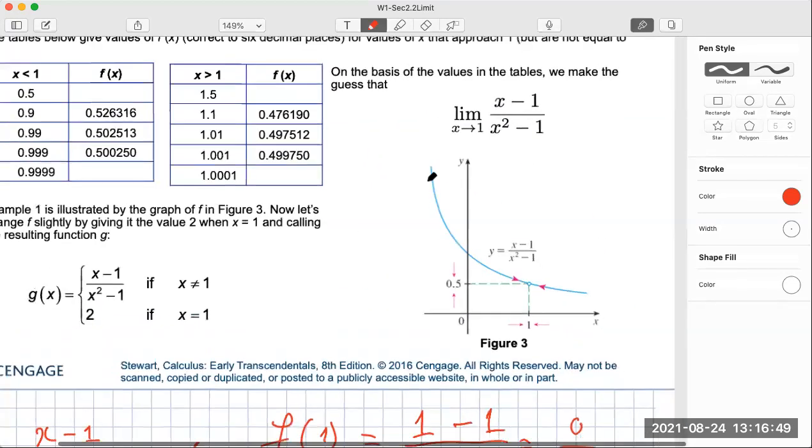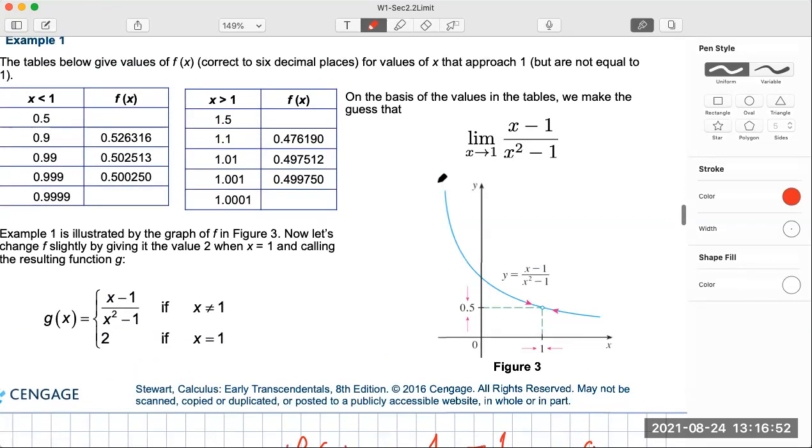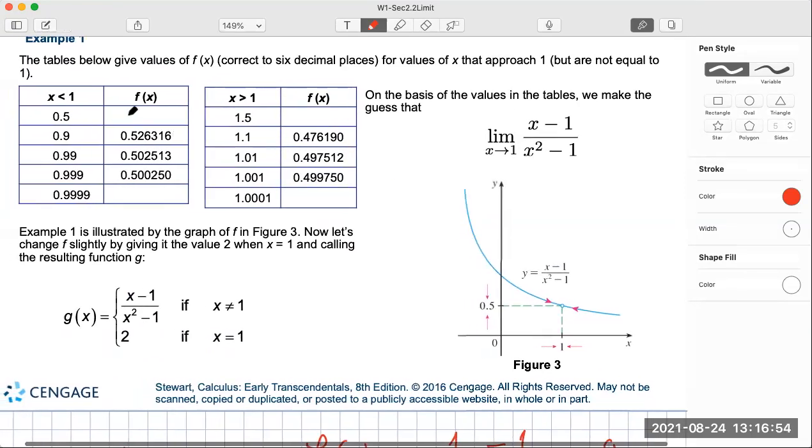Now, compute the value of the function here at x equal to 1/2. What is it? Two over 3.